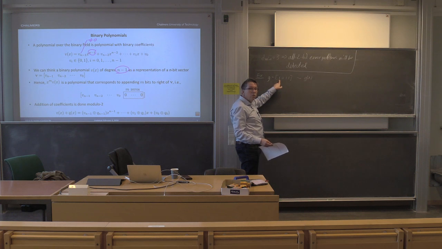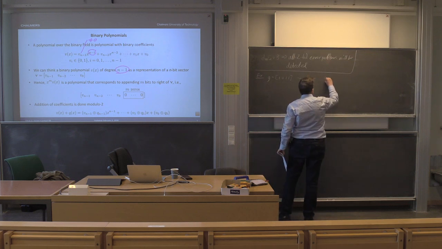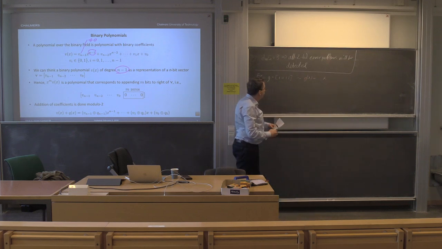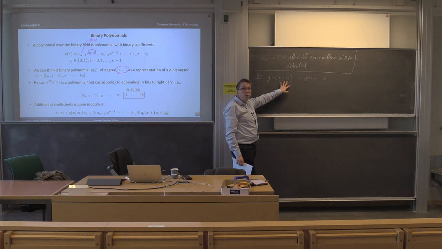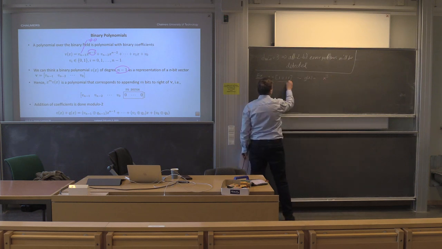We will, in this course, have the convention that this first bit corresponds to the highest power. So what is the highest power required here? Is it x2, x3, x4, x79? It is x3, exactly, because we have 4 bits here.